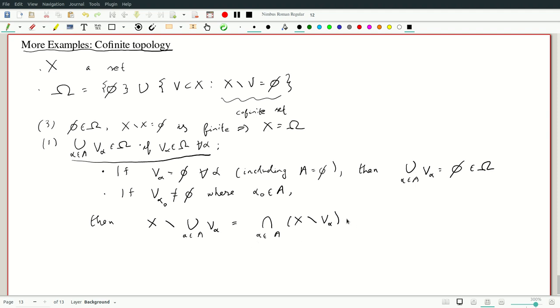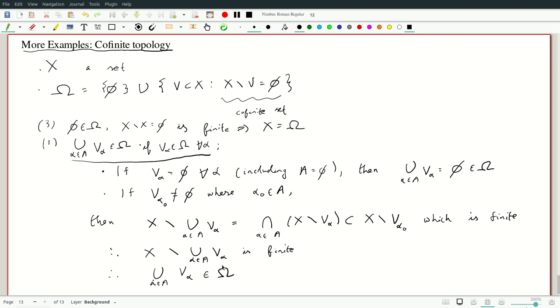Now the intersection of sets is contained in each one of them. So this is contained in X minus V alpha 0, which is finite. Therefore X minus the union of alpha in A of V alpha is finite, and therefore the union of alpha in A of V alpha is in omega. So the arbitrary union of sets in omega is in omega.